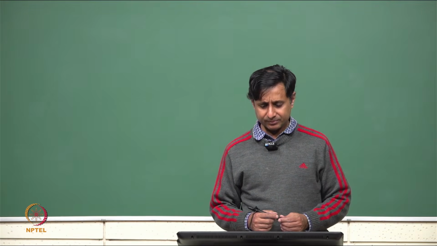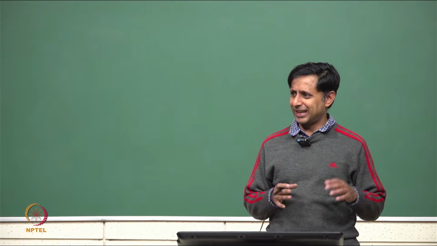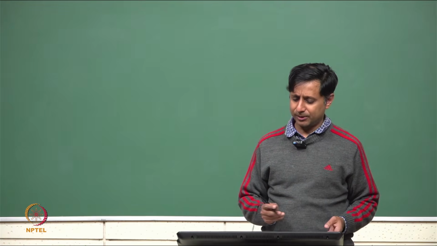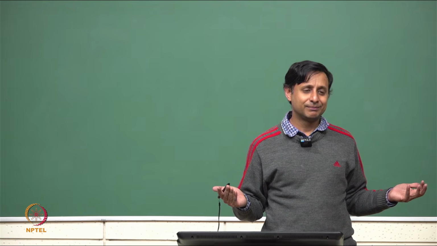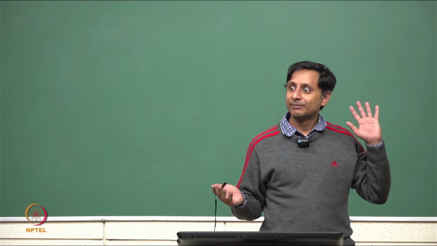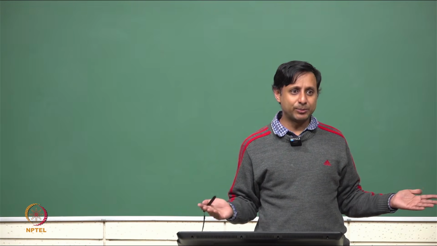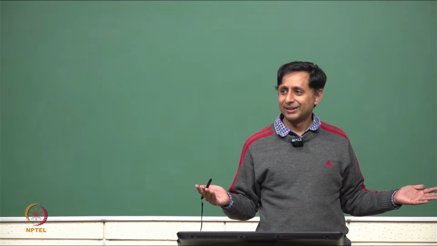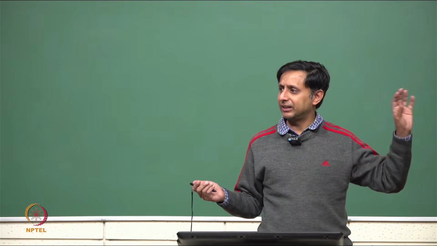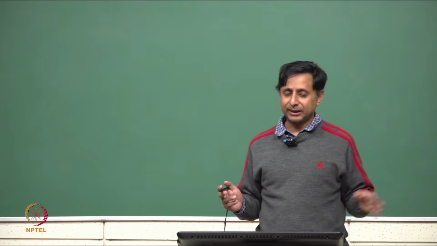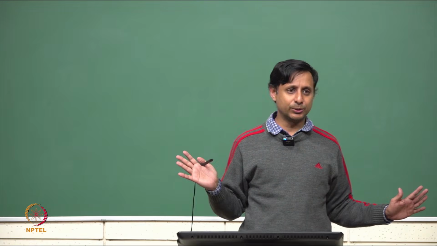Now, if there are no independent sources, then generally speaking, what do you know about V1, V2, I1, I2? What are these values? They have to be 0. Why? There is no permanent energy source, there is no independent source, right. And if there is no independent source, nothing at all is going to happen.